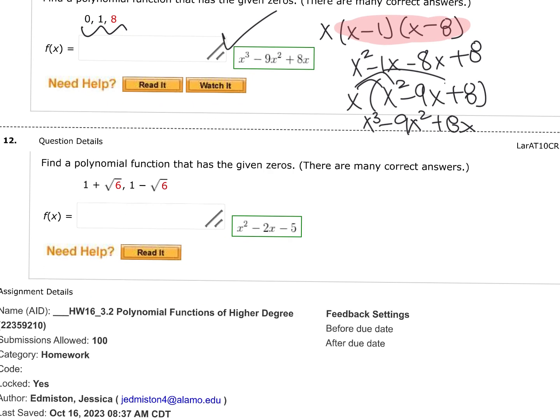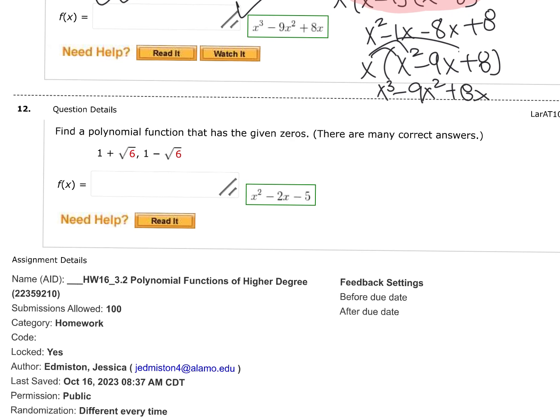And then last, we have this crazy one, which says to find the function that has these as zeros, which is very fun. So I still need to change my signs. All right, so there is a little trick that I want to show you. So when I change my signs, I'm going to get negative 1 minus the square root of 6, and I'm going to get negative 1 plus the square root of 6. So right, all I'm doing is changing my signs here and here.